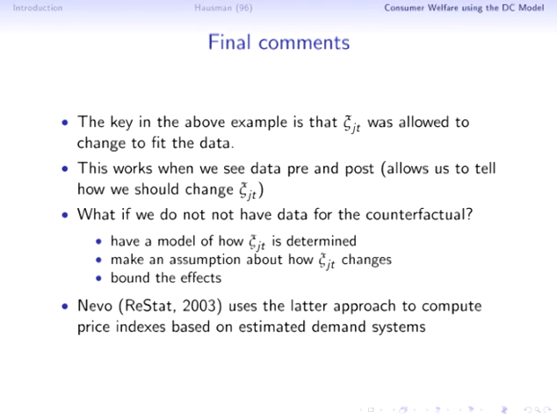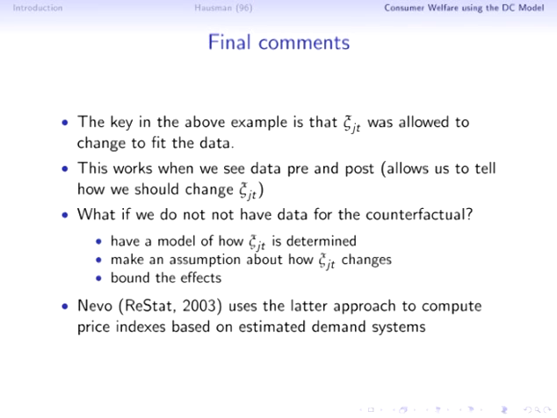So let me make some final comments, and then, in some sense, go back to your question. The key thing here was that we allowed the Xi-JT to fit the data. Now, this will work well, or can work, when we see pre and post data, because in some sense they tell us how to change the Xi-JT. Now, the question is, what happens if we don't have data on the counterfactual?